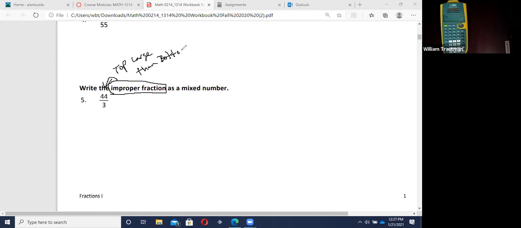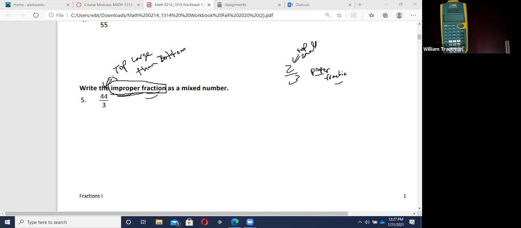That's an improper fraction. With 2/3, do you see the top is smaller? This is just a proper fraction, or we just call it a fraction. But anytime the top is larger, we call it an improper fraction. If the top is smaller than the bottom, it's proper.